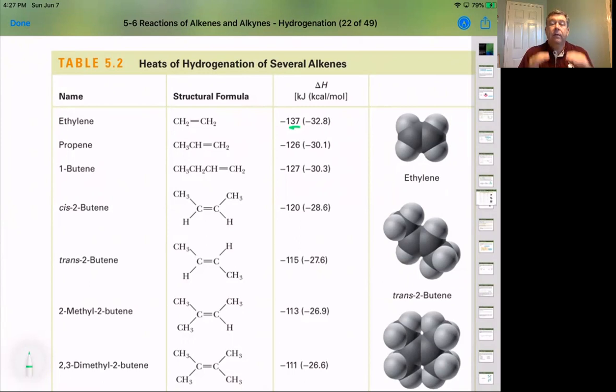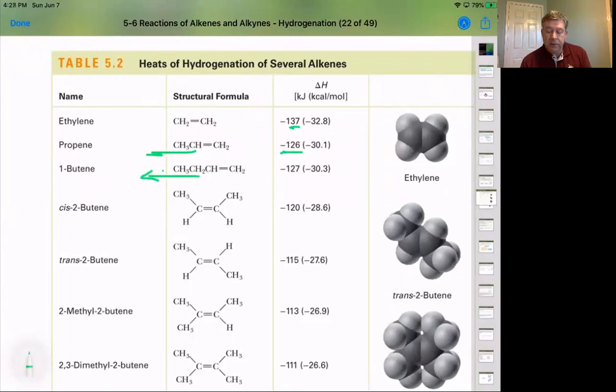Now, if we take propene, which has one more carbon on it, so that one of those carbons on the alkene is substituted, we actually release just a little less energy, about 9 or 10 kilojoules per mole less. And by adding more and more longer carbons here, we don't see a change.